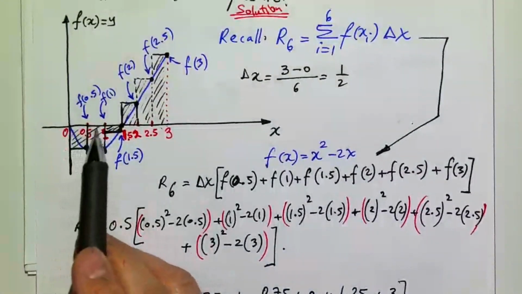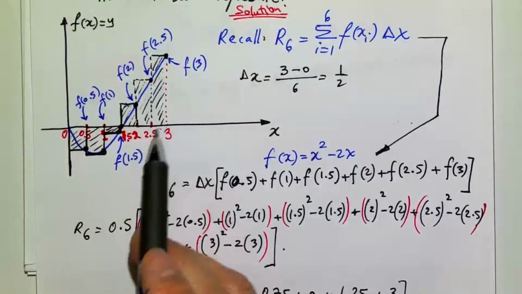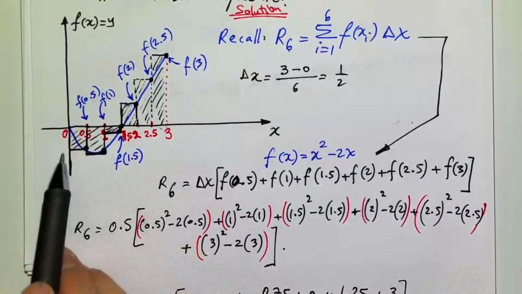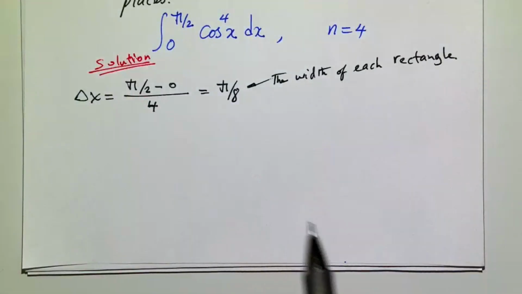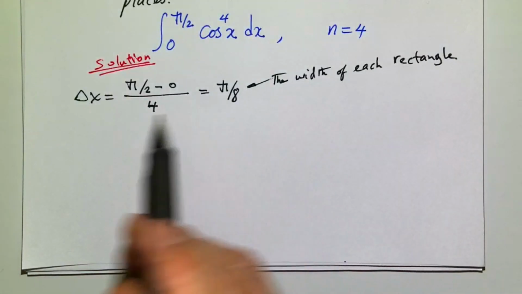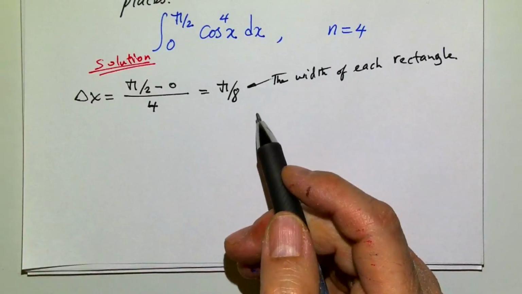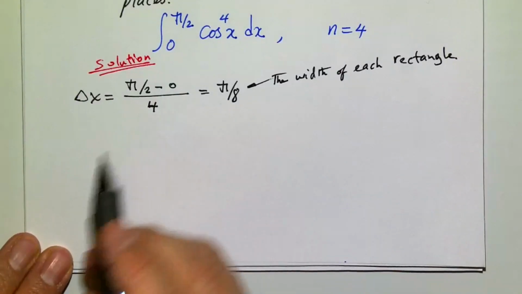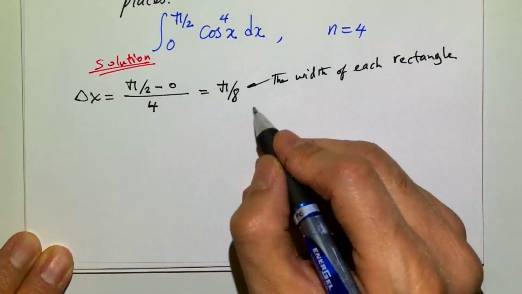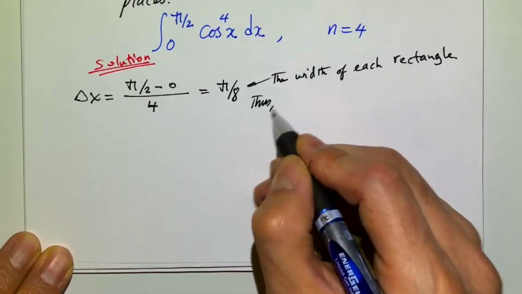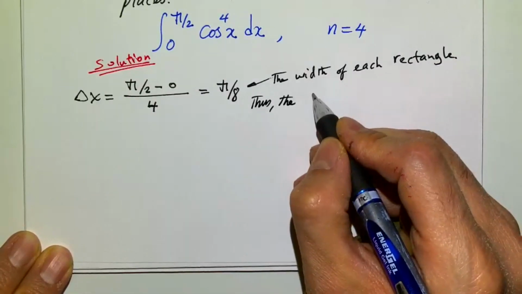The width of these in the previous example was 0.5, right? Now, in this example, it's going to be pi over 8. Then the endpoints.